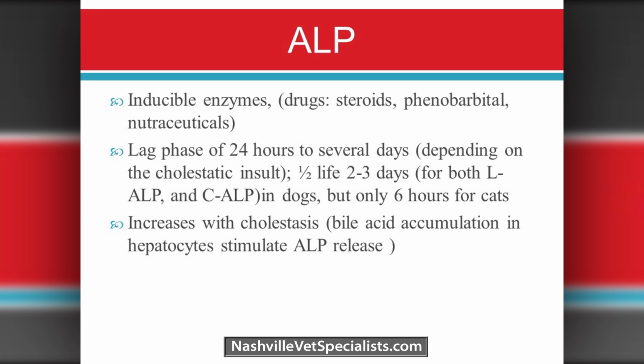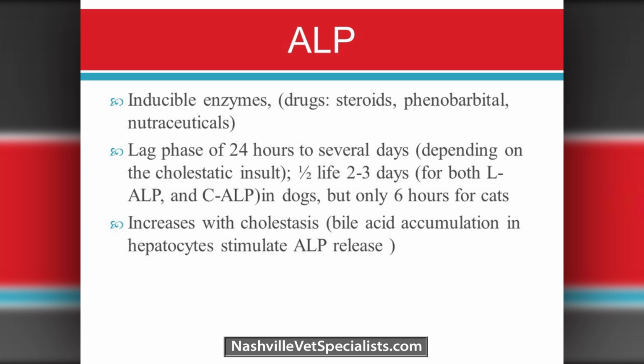I do think that's important, because ALP is lower in concentration in cats and also has a very short half-life compared to the dog. So if you ever see an ALP kind of high in a cat, it's probably significant. You might want to look into it more. Versus dogs, how many ALPs are high? There's so many of them. You could chase it, it's no big deal. There's so many other things that can cause it.